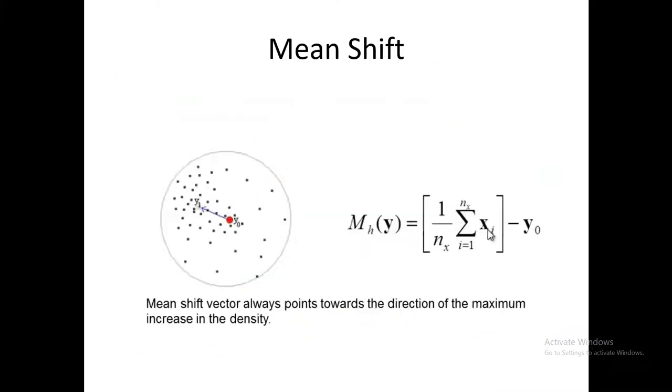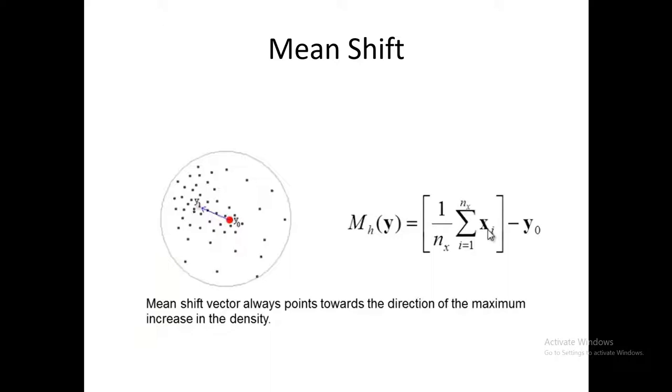So let's see how we do it. Suppose we have a set of data points here, and this is our starting point, y0, and here we compute the mean shift vector. The way we compute it is, first we find the mean of these points x1, x2 up to xn.